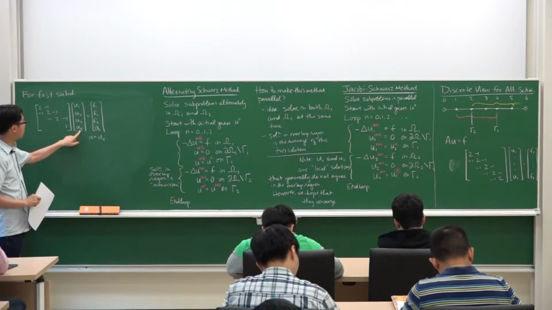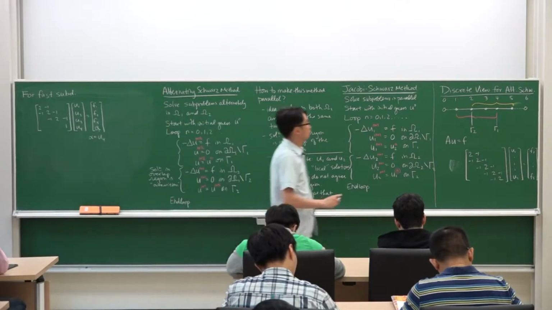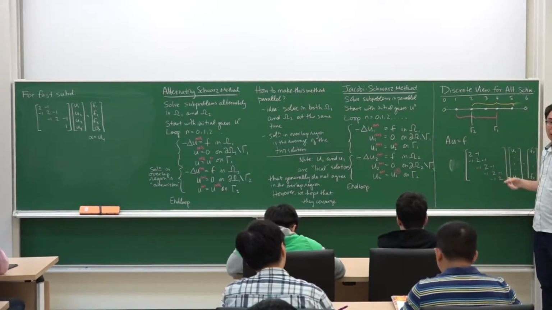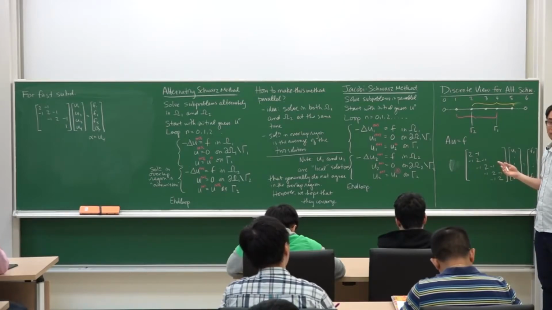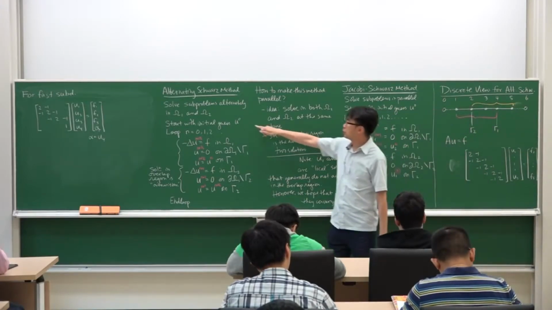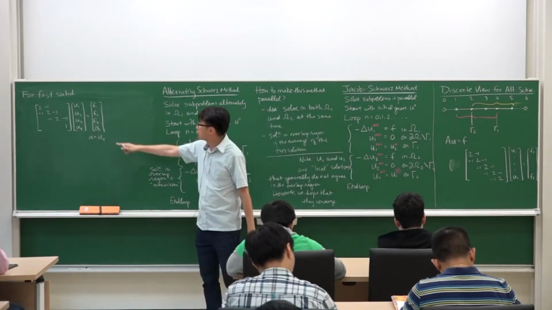And U4, this boundary value, is equal to alpha, which in the very first iteration is going to be U4 of the initial guess. U4 of the initial guess. And I'm just going to call that alpha over here.